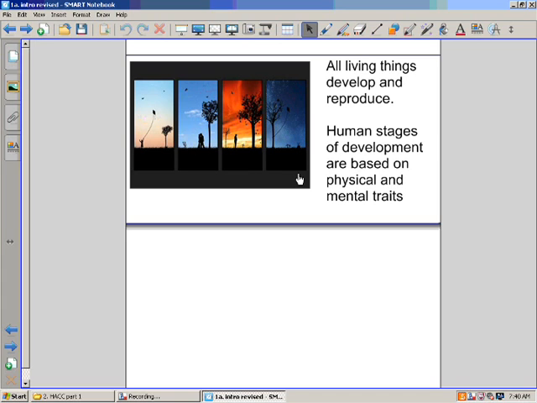And then we say they're an adolescent, a teenager, they're an adult, elderly. So we go through these stages of life. A lot of them have to do with maturity, like mentally, and other parts of them have to do with physical maturity. But either way, human stages, just like other living things, we go through stages of development and reproduction. Living things reproduce.